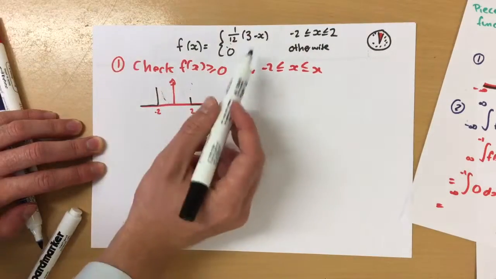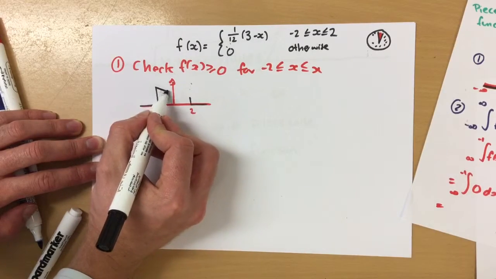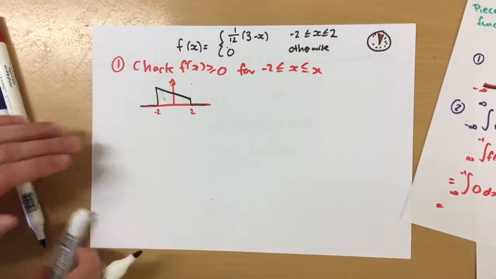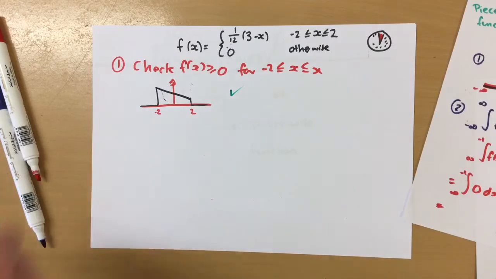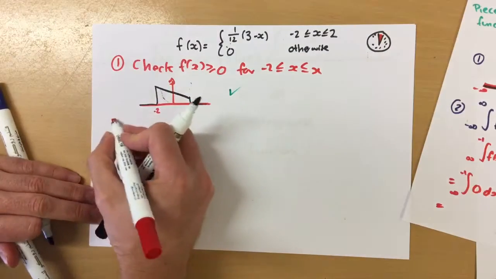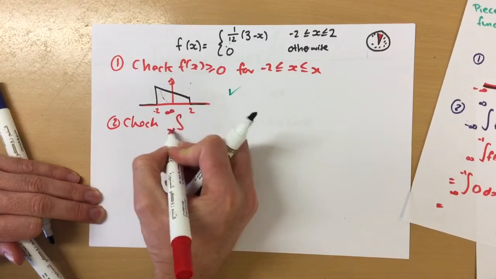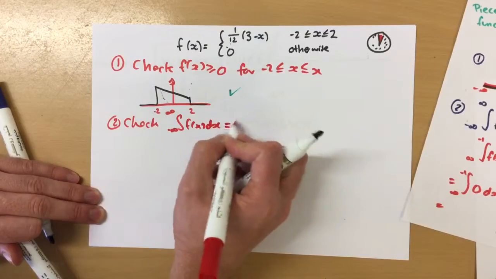You can substitute in -2 and 2 to get the height of it, and it goes like that. So fine, it satisfies the first condition. The second condition is that when you integrate it for the full range, you're going to get 1.